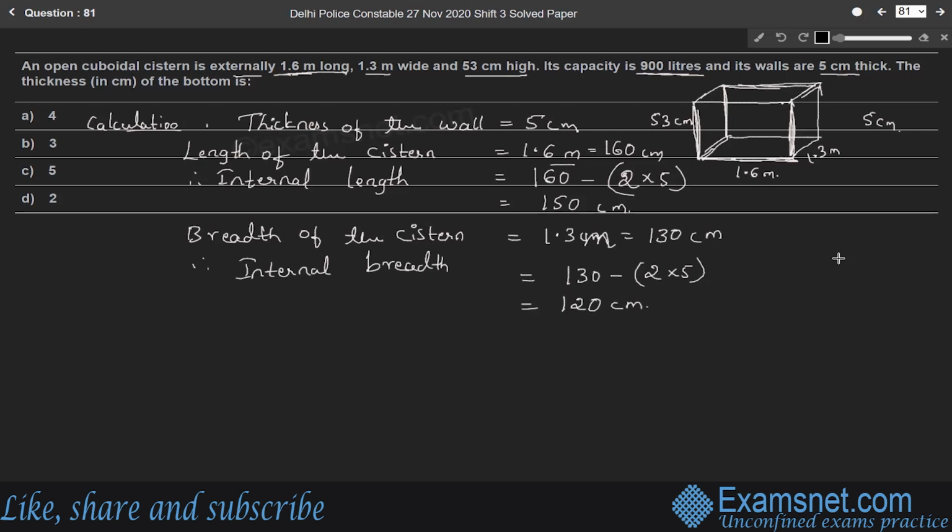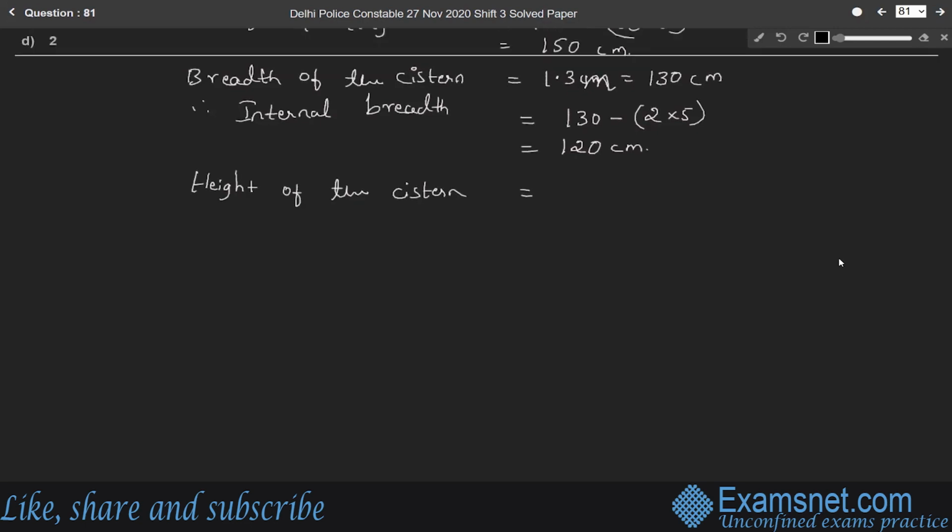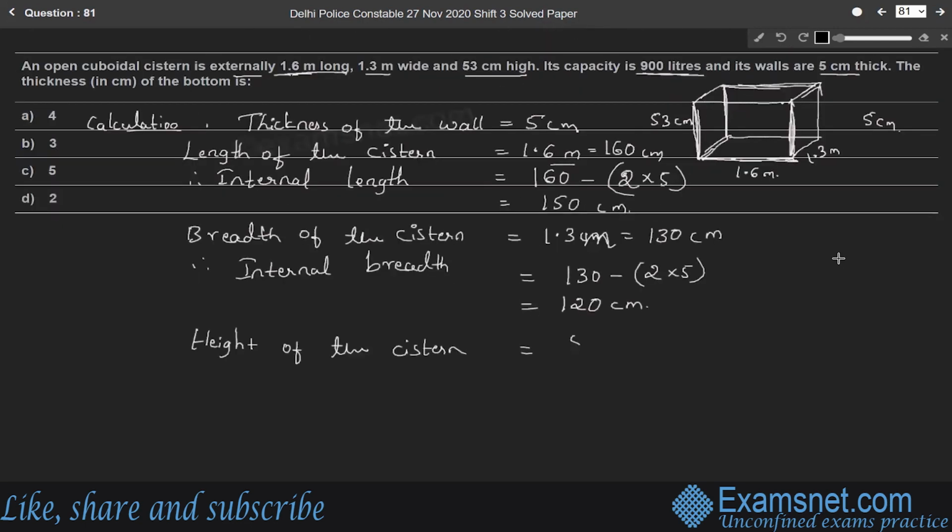Internal breadth is 120 centimeter. And what else is given? Height of the cuboidal cistern, which is 53 centimeter.